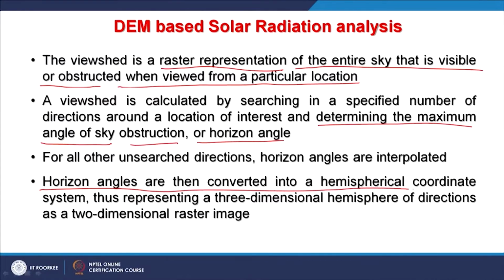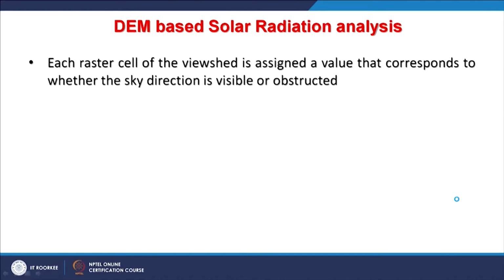Now, these horizon angles are then converted into a hemispherical coordinate system, thus representing the 3-dimensional hemisphere of directions as a 2-dimensional raster image. When I show the examples, these things will become clearer. Each grid cell of the digital elevation model of the viewshed is assigned a value that represents the sky direction which is visible or obstructed.